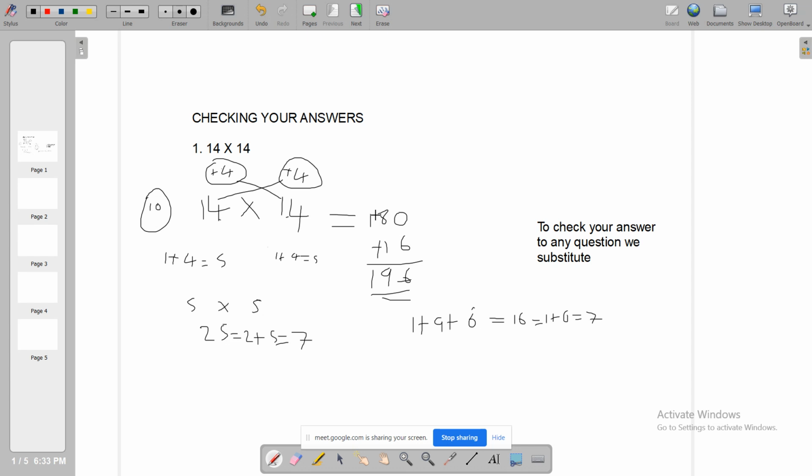So can I clean the board? Yes, sir. I can't see one of the writings well. Which one? The one after the 1 plus 4 equals 5, and the one beside it.